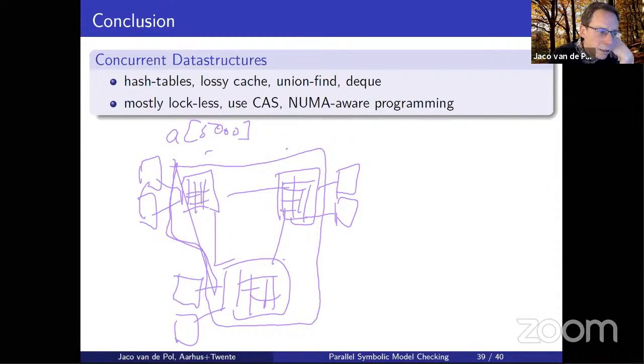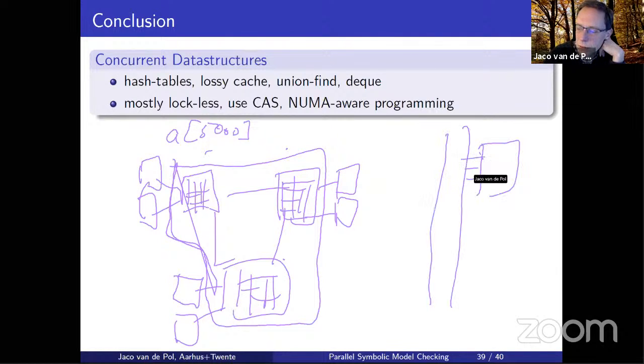We do not address it in our algorithms, but in our implementation, we are aware of this. If we have to allocate some data, for instance, if you have a hash table and there's some data for the hash table, we will allocate these blocks close to the processors. So our allocation strategy is aware of this NUMA structure, and we will let local processors do the memory allocation.